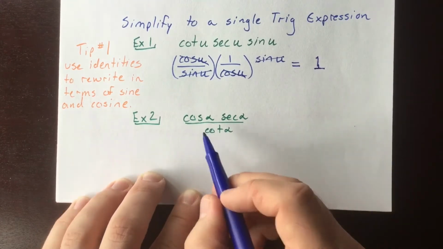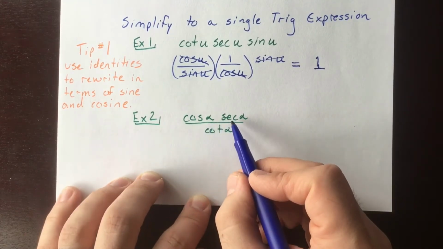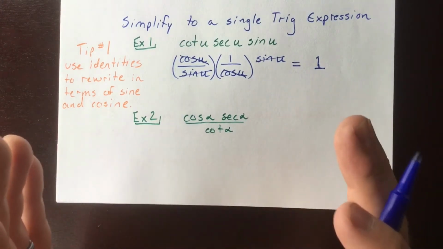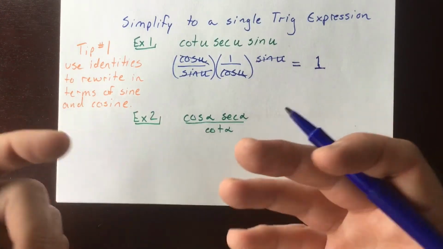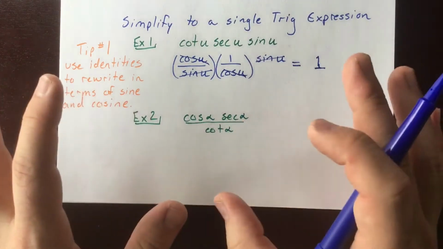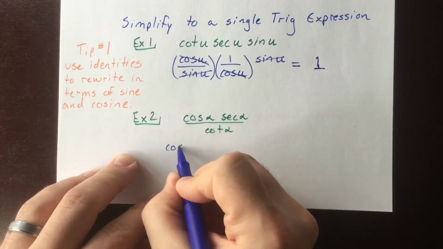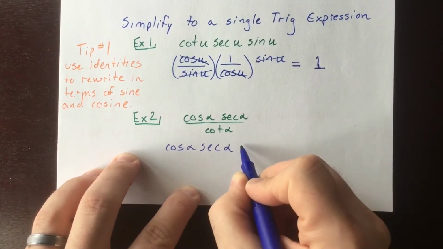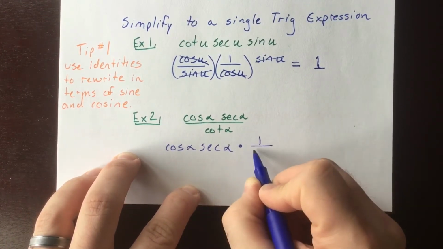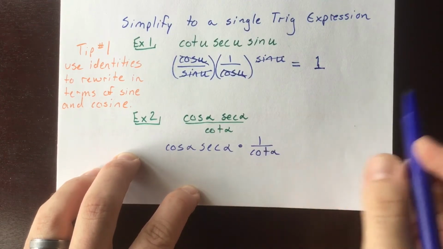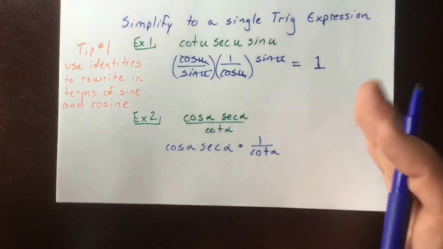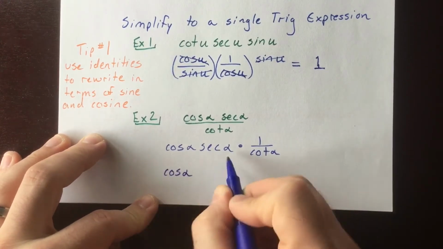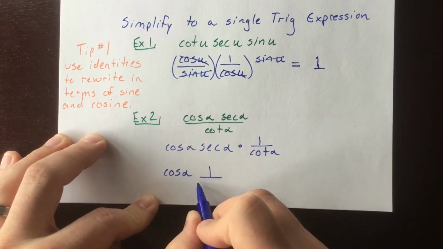Let's try another. Cosecant of alpha times secant of alpha divided by cotangent of alpha. So before I rewrite this in terms of sine and cosine, I'm going to get this fraction out of the way. So I'm going to say cosecant of alpha times secant of alpha multiplied by 1 over cotangent of alpha. In doing that, I can now rewrite it again. Cosecant of alpha, secant is 1 over cosine.